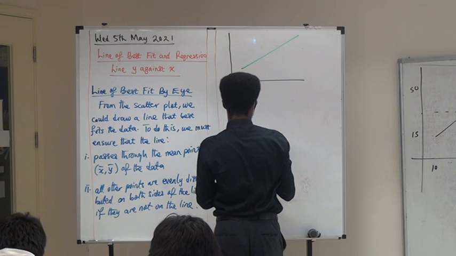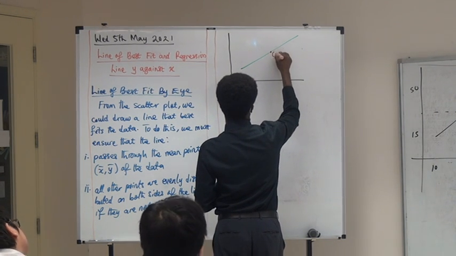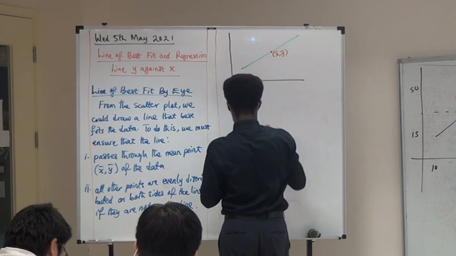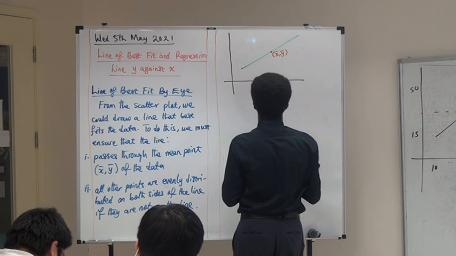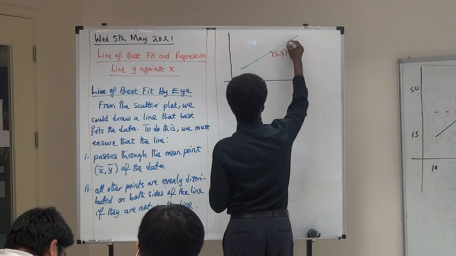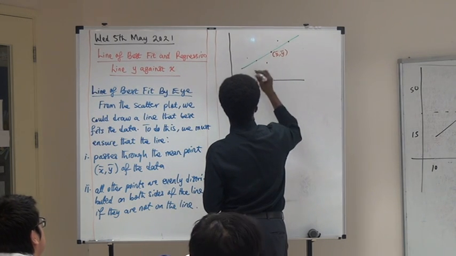Of course, you don't draw the line before the points. Every other point will be down the line or as evenly distributed as possible.